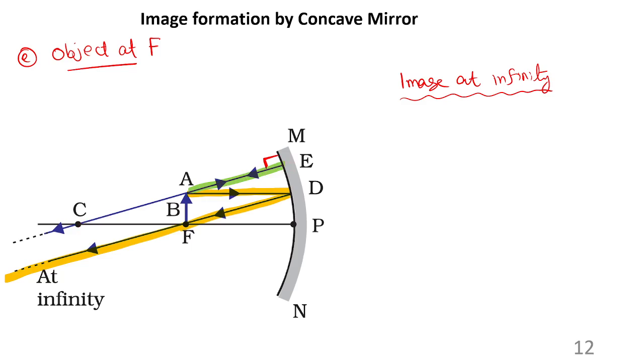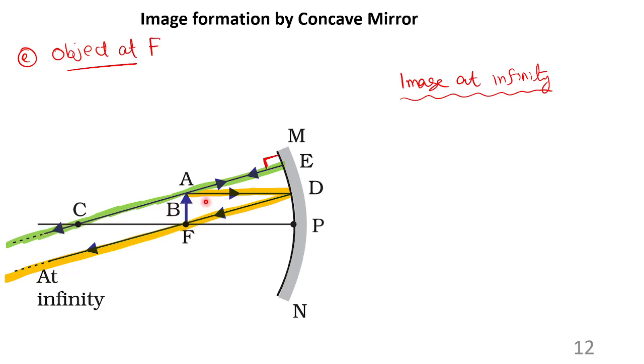Both things you have to understand. The normal ray is reflected through the same path and passes through which point? Center of curvature. So the green colored and yellow colored, these two are the reflected rays of A coming out of A. Understood? Do they meet anywhere?